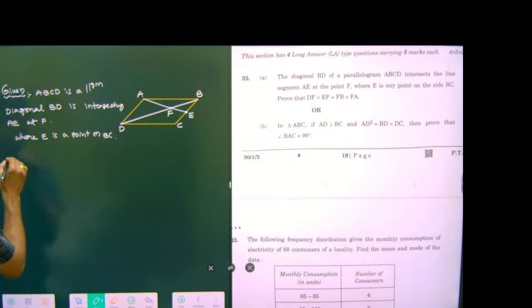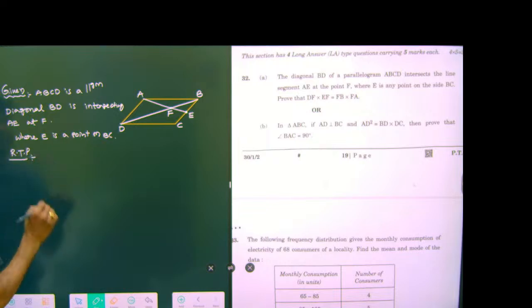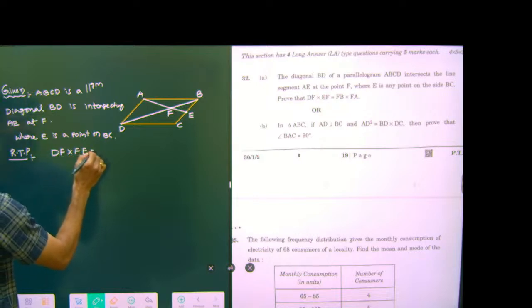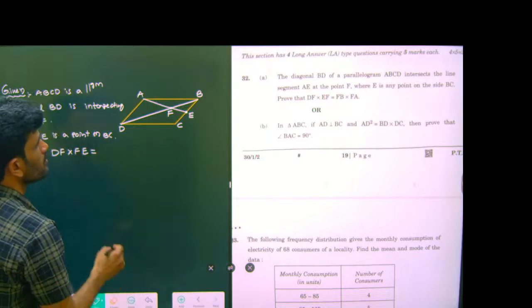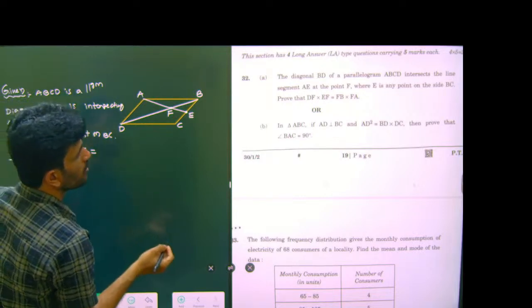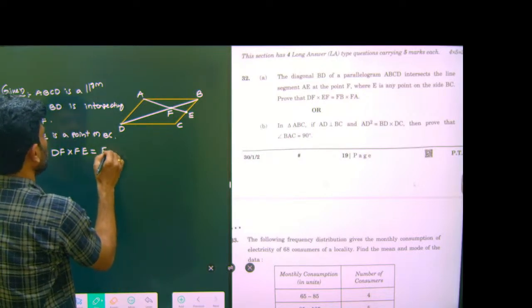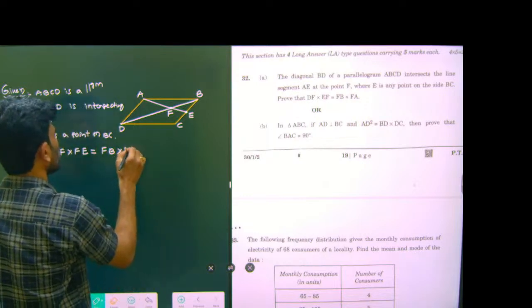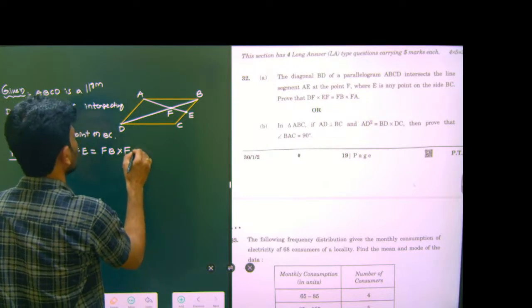Then what we have to prove? We have to prove that DF into FE is equal to FB into FA. This you have to prove.